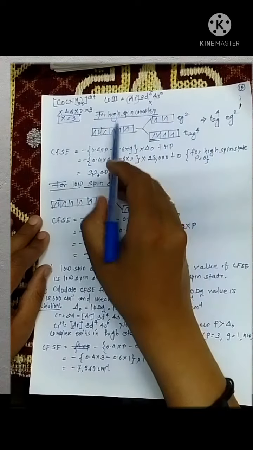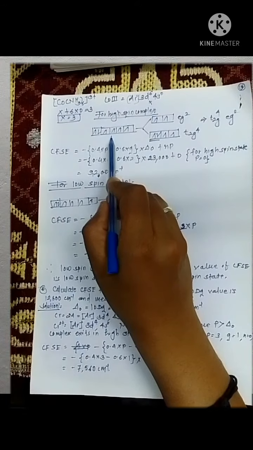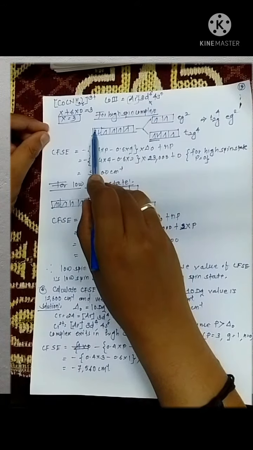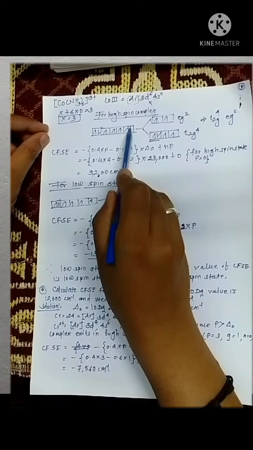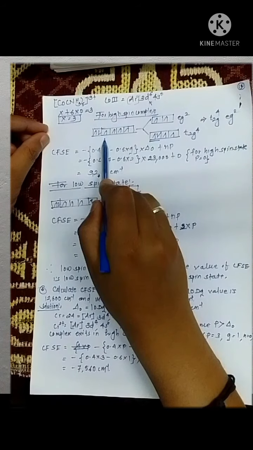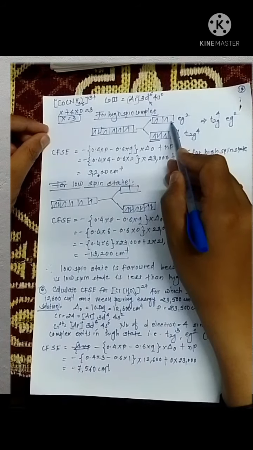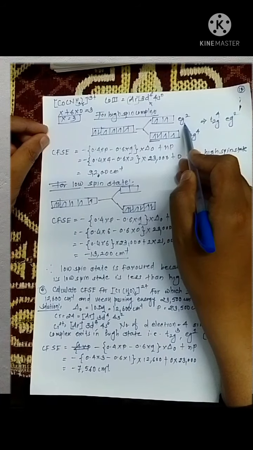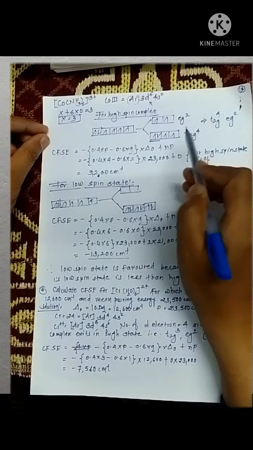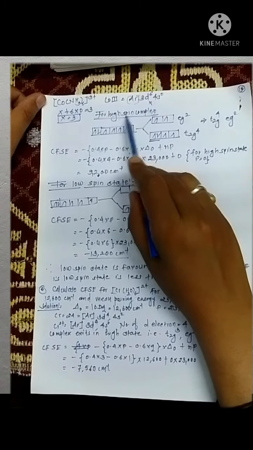Now for high spin complex, we are going to draw the diagram first. So this is the degenerate d orbital of your metal, which contains 6 electrons. These orbitals are basically split up into two sets, eg set and t2g set. Now we are going to write electronic configuration for high spin complex.